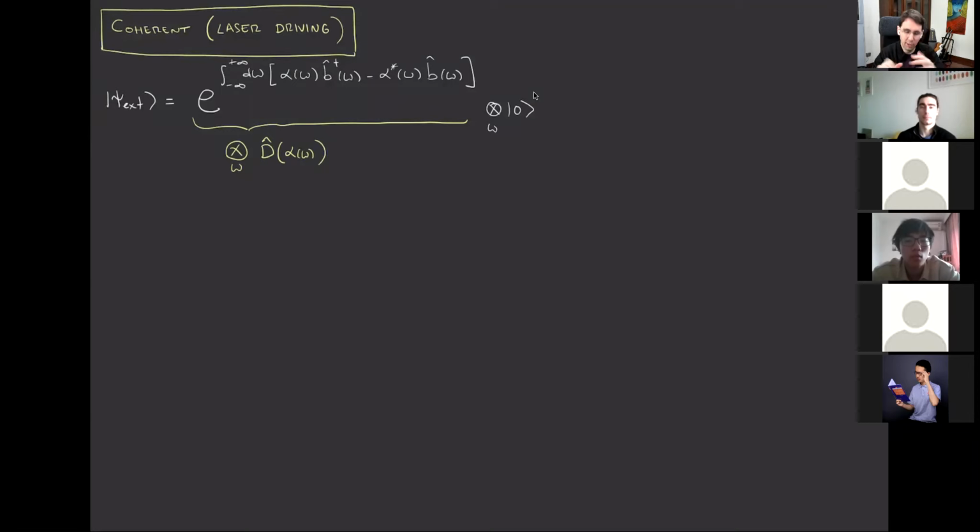So now we have a coherent state of amplitude alpha of omega at each of the frequencies omega, and we can choose this alpha of omega however we like. So if the laser, for example, is really monochromatic, so it has a single frequency and a very narrow line width, then as I will show you with an example, this will just be a delta function at one specific omega, and that's the only one that you are exciting, and anyone else is at zero.